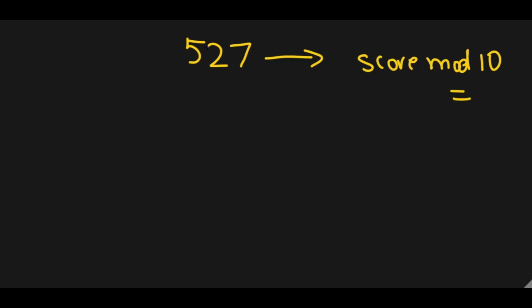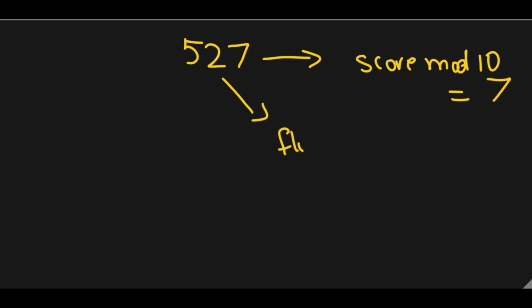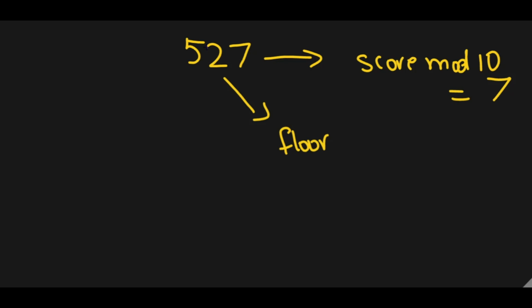Let me quickly repeat the process. Let's again take our example score, 527. The ones digit I can get by score mod 10, which gives me a 7, so 527 mod 10 is equal to 7. Now the floor of score divided by 10.